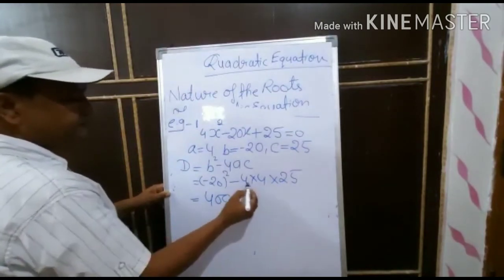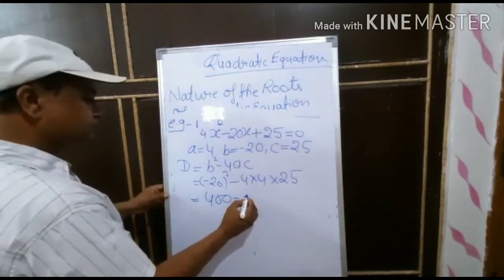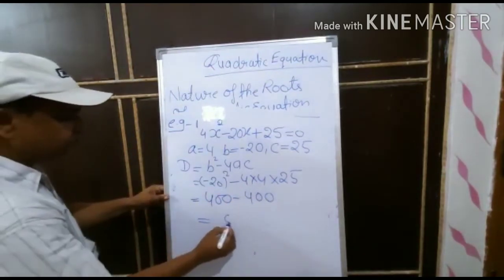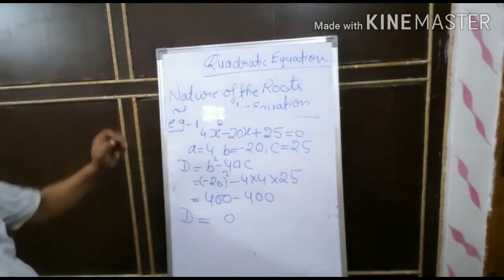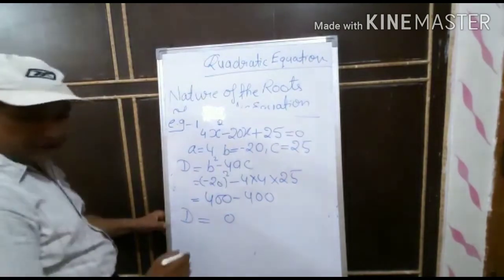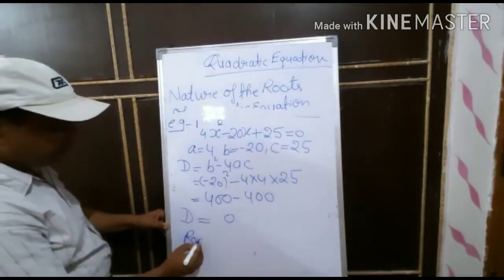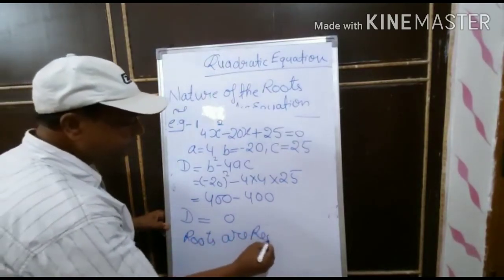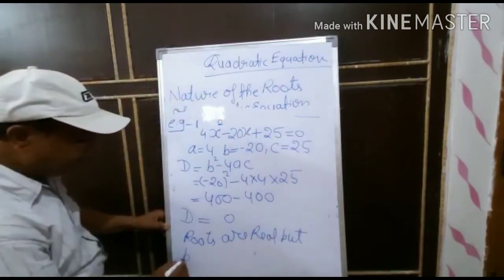It is also 400. The value of D is equal to 0. 0 means roots of this equation are real but both are equal.